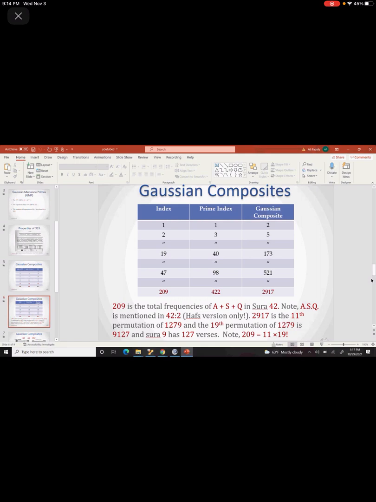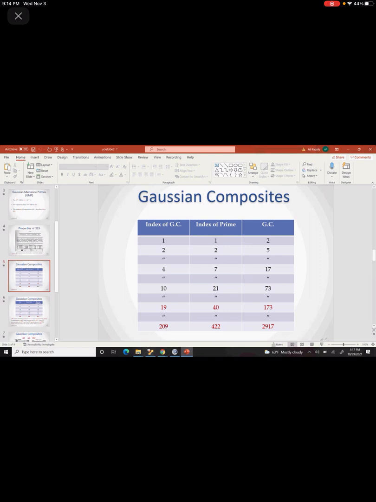But he shows the beauty and simplicity in things that we actually understand, such as 11 times 19.